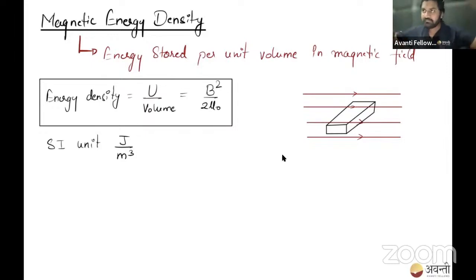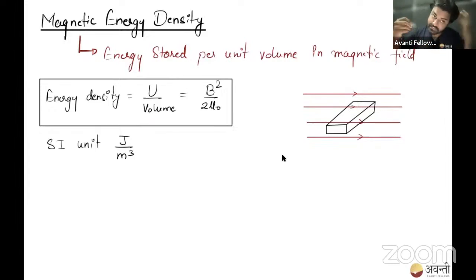If there is an electric field in some area and you take a volume, the electric field will be there in that volume too. An electric field is an energy. How much energy is stored in that volume is called the energy of the electric field, and that energy divided by that volume is called energy density. Simple.